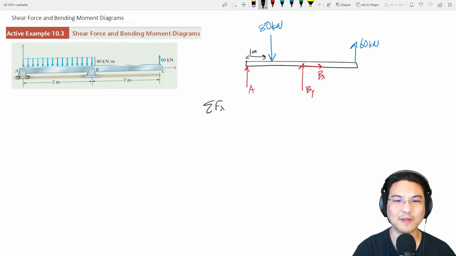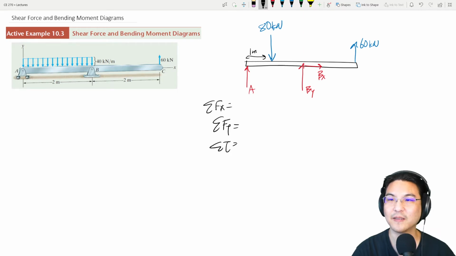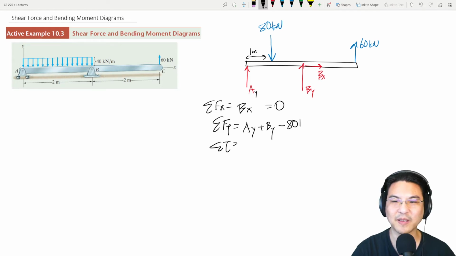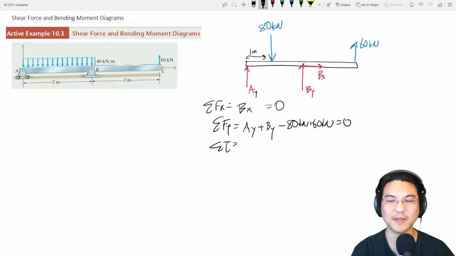Okay, so here's our free body diagram. Now we can solve. In the x direction we have just Bx. In the y direction, I'll call this AY, By minus 80 plus 60. Okay, let's sum torque about somewhere clever.